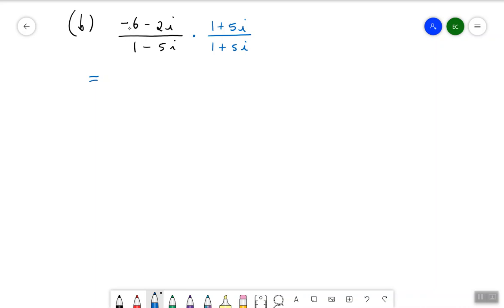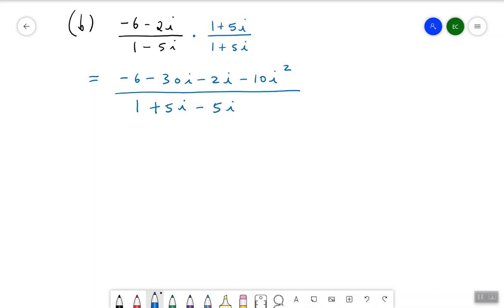In the numerator, we have negative 6 minus 30i minus 2i minus 10i squared. And in the denominator, we have 1 plus 5i minus 5i minus 25i squared.